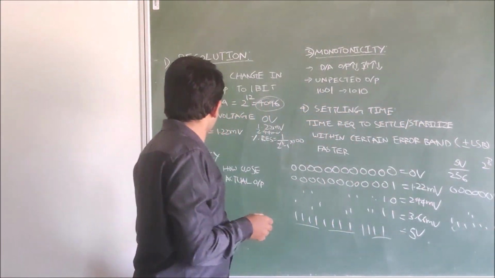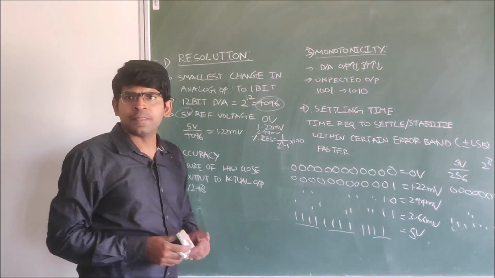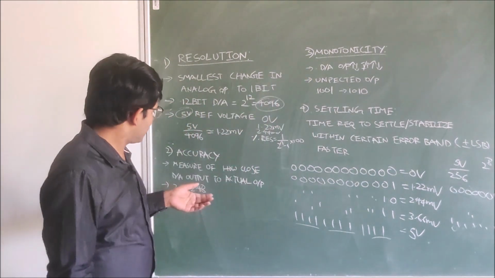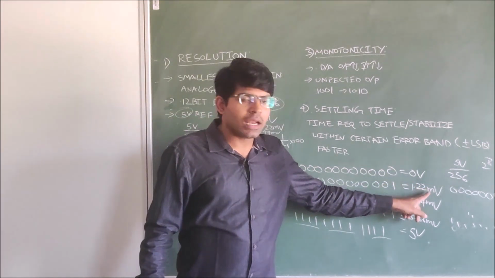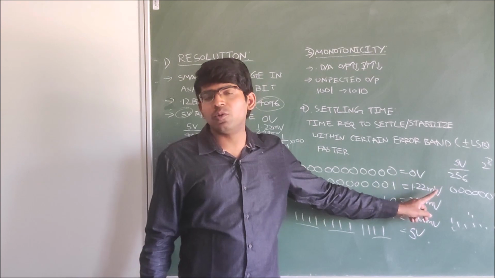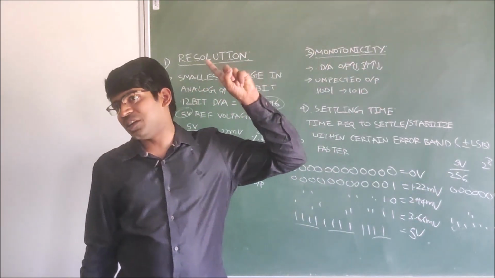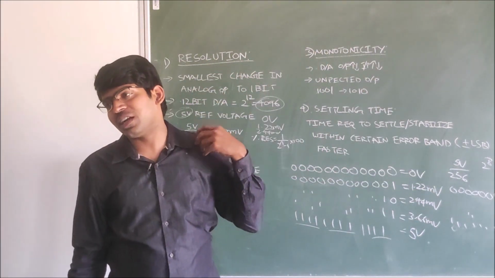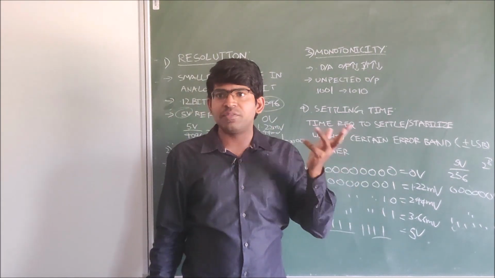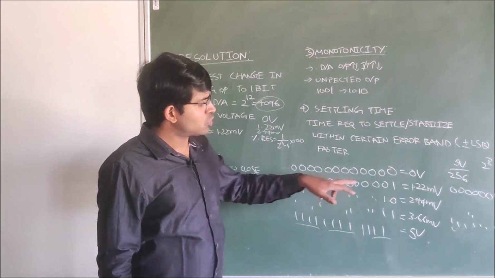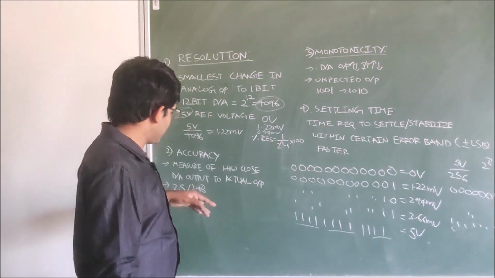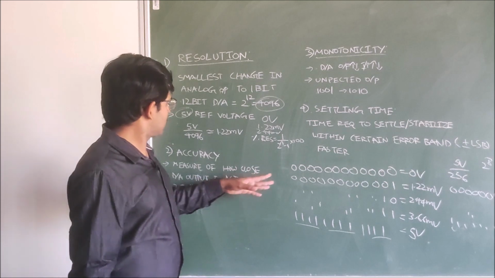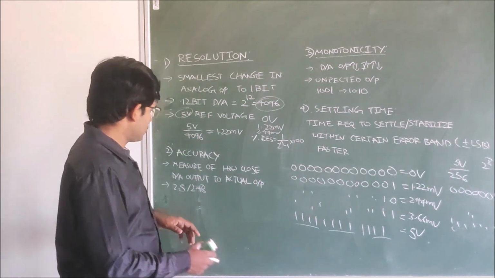Next one, accuracy. Accuracy is the measure of how close the analog value, for example 1.22 millivolts, is to the original input value. Because we have converted analog to digital, and then again converted digital to analog, how close is this value to the original analog value? That is represented by accuracy.